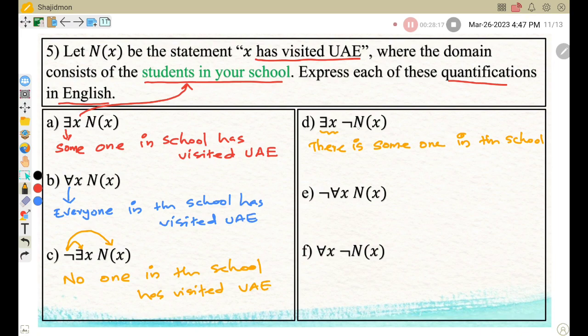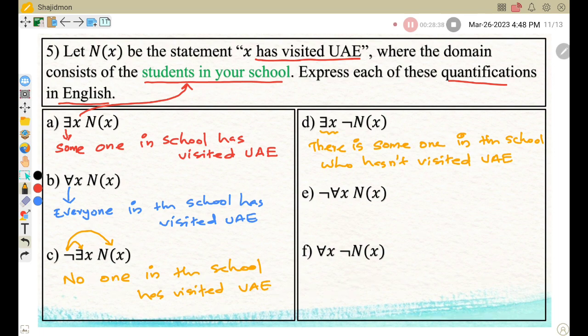Has visited UAE is N(x), so negation means has not visited UAE. You can write it in your own way also, an equivalent statement, no issue.